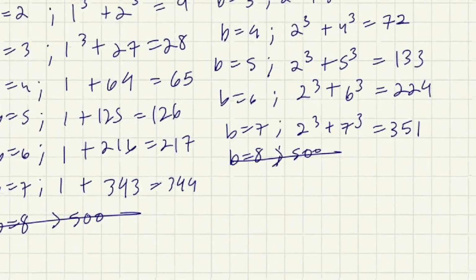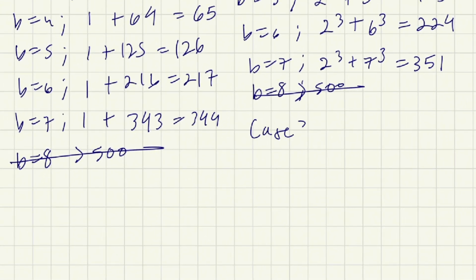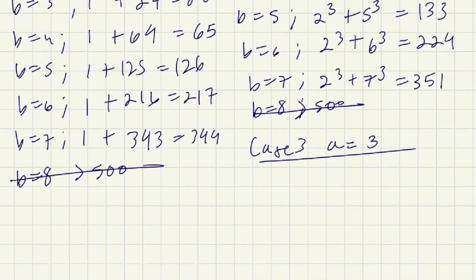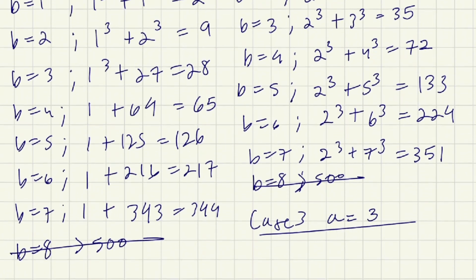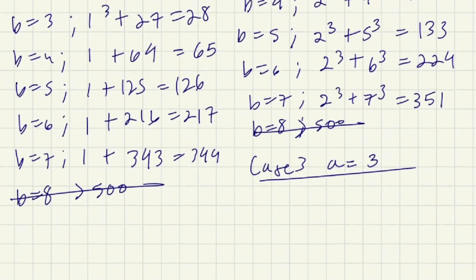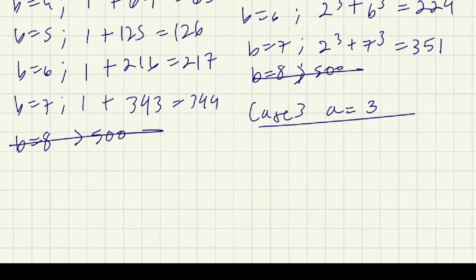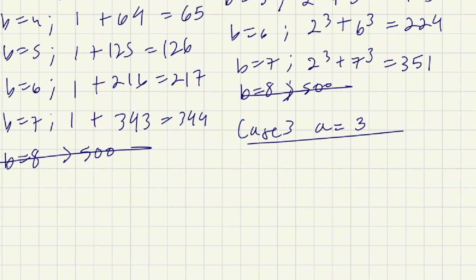Now that we have finished case 2, we move on to case 3, where a is equal to 3. We repeat the process and find all the perfect cube sums less than 500, and the numbers are 54, 91, 152, 243, and 370.